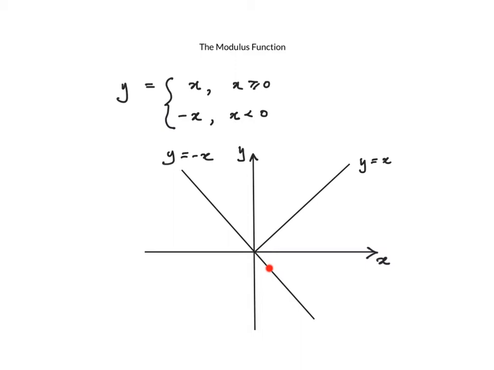So this part of the line does not interest us. So there is the diagram that we want. Now what I could do finally is just remove this part, and this is the graph of y equals the modulus of x.